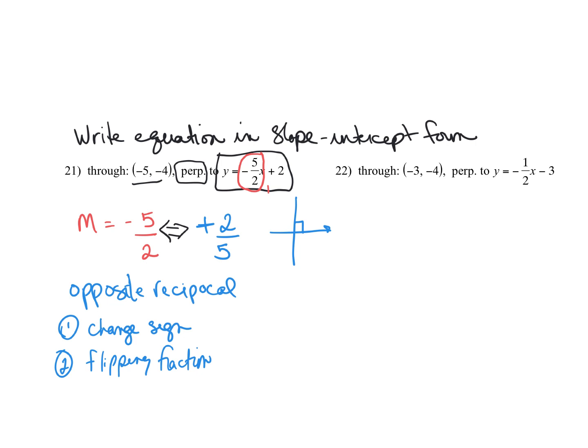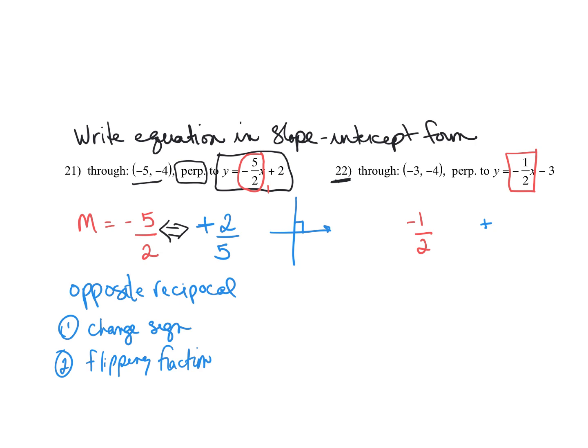Now, while I won't do question 22 in its entirety, what I do want to show you is that in the case of a fraction like negative 1/2, obviously the opposite of negative is positive.